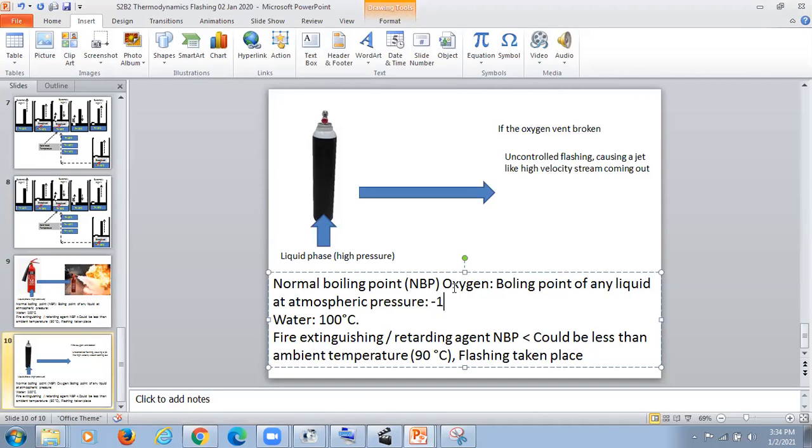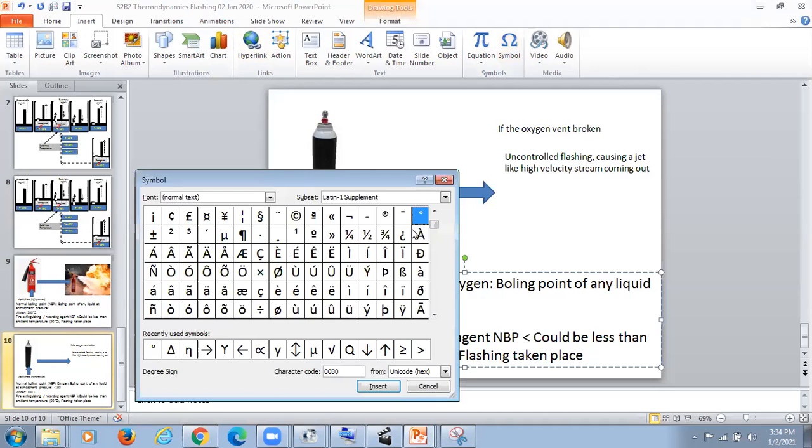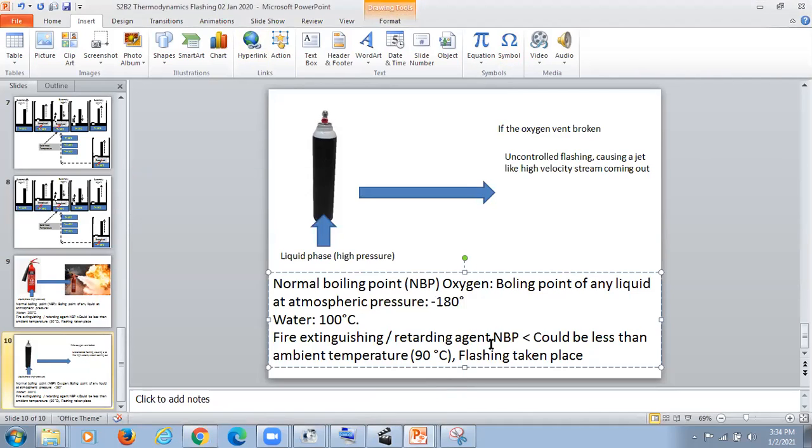So you can imagine this liquid with a boiling point of minus 180 exposed to 30 degrees C, let's say. With a temperature difference of 200 degrees, the superheat potential is there.